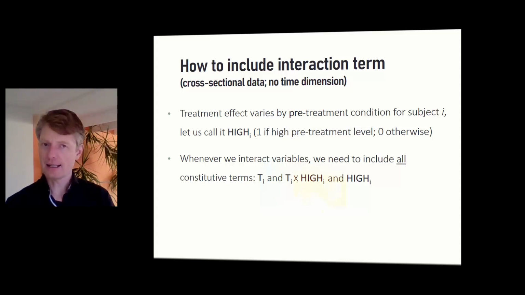If we are going to interact the treatment dummy with this term high, then we have to make sure that we include all constituent terms. So we also need to include high itself. So there's the treatment dummy T, there's the interaction term T times high, and there's this term high.